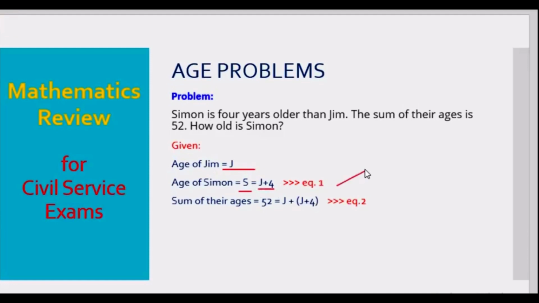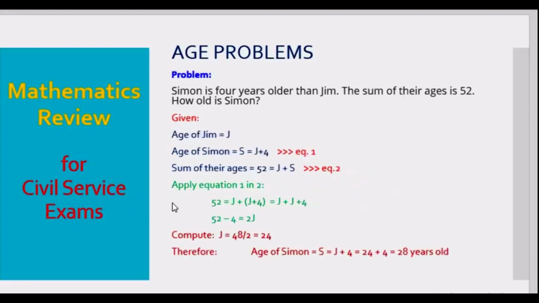So this is now our equation 1. And the sum of their ages is 52. So 52 equals the age of Jim, which is J, plus the age of Simon, which is J plus 4. Okay, so that's our equation number 2.